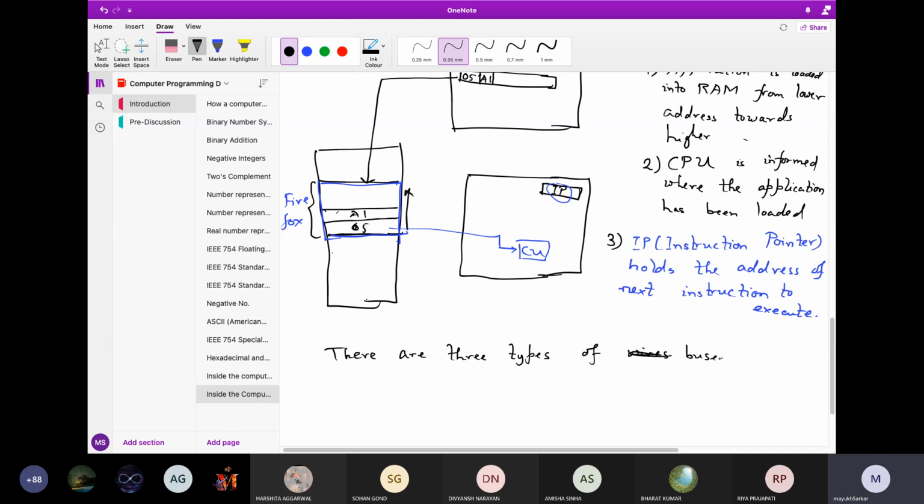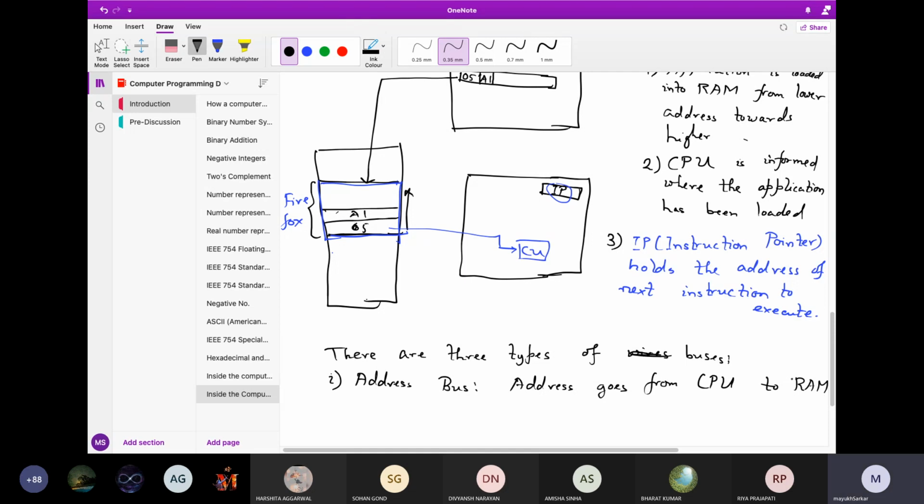Three types of buses. One is the address bus. Address goes from CPU to RAM. For now, I'm considering RAM.